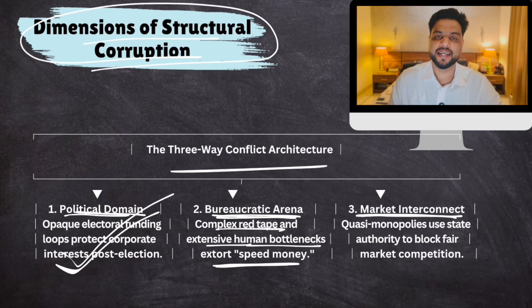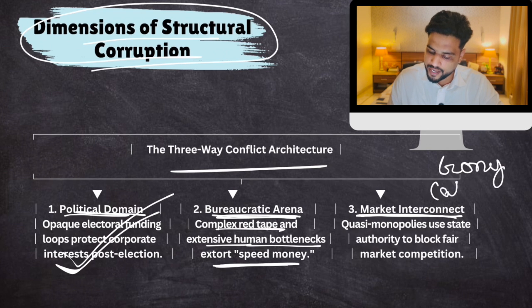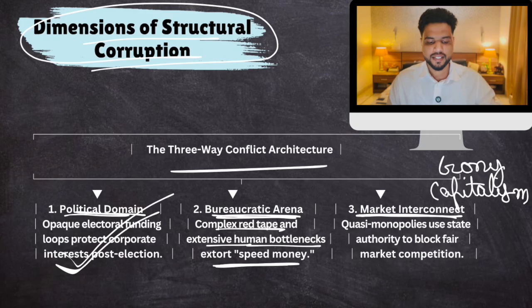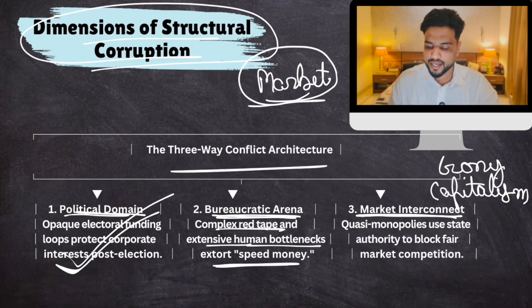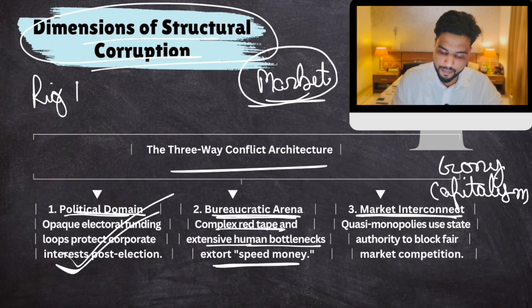And market interconnect. This is also known as crony capitalism. Very rich businessmen. Okay, generally it is considered that free markets are, well, meritocratic. Free markets favor open competition. But very rich businessmen try to rig the system.